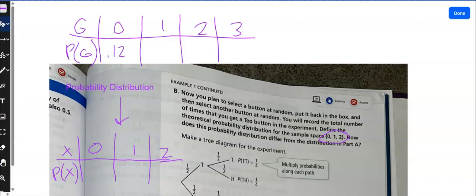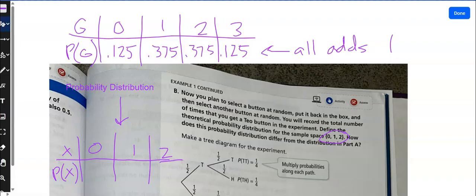We calculated 12.5% here, 12.5% here, 37.5% here, and 37.5% here. This all adds to 1, just like we talked about before. You can't have a negative probability, and you can't add up to more than 100%. You can't do this. This is impossible.